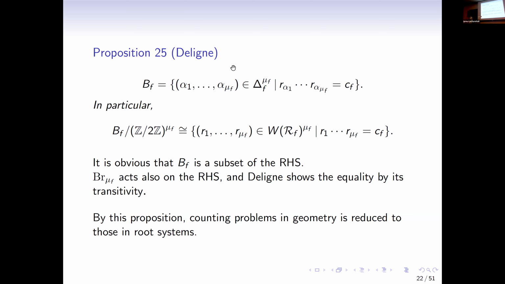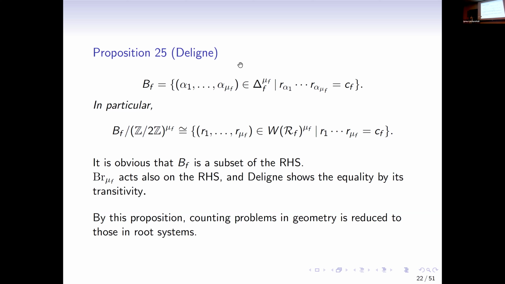In other words, we have this equality, this isomorphism, a one-to-one correspondence between these two sets. So therefore, if we consider the root system or the polynomial of type A, then this is nothing but the set of factorizations of the cyclic permutation.